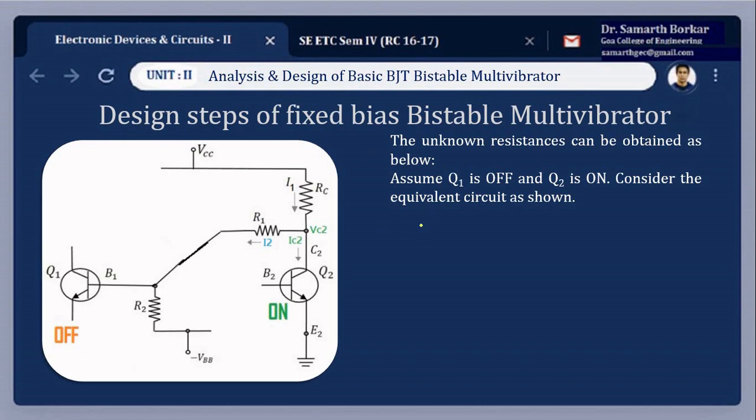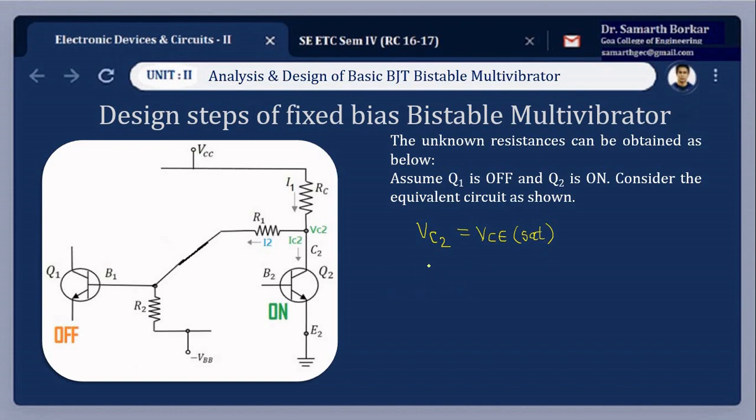In such a case, we can write VC2 equals VCE set. Now what is this VC2? It is the voltage at the collector terminal of transistor Q2, and since it is on, there will be a heavy amount of current passing through that transistor, so the output voltage will be as good as 0, which is near about equal to VCE set.